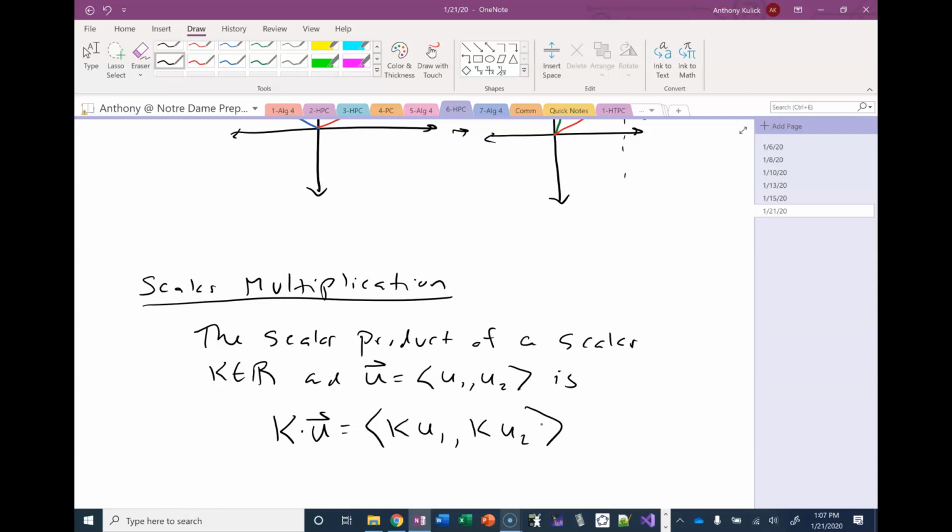So we say that the scalar product of a scalar, and FYI, when I say scalar, do you guys know what I mean? A scalar is just a real number, like 7 or a half or 15 or the square root of 2 or pi. It's like a non-vector quantity, just a real number. And some vector, if I multiply a real number times a vector, well, what happens? I just multiply the real number to each of the components.